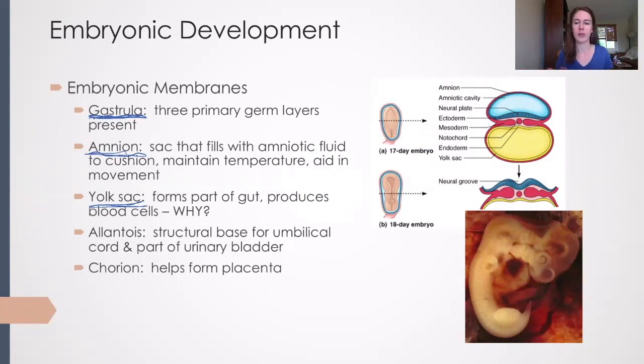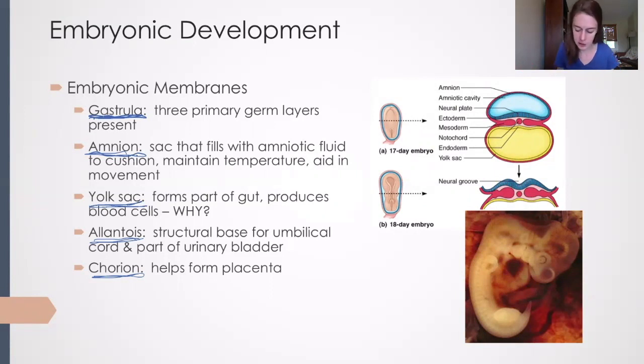So the yolk sac is the first thing that is going to start to form red blood cells and allow the cardiovascular system to maybe start to develop from there. The allantois is just that pinch off of the yolk sac that will form the umbilical cord. And the chorion was developed from those trophoblast cells, which will become the embryo side of the placenta.